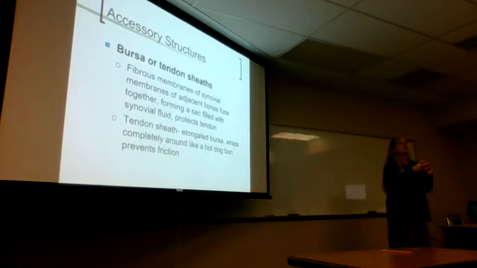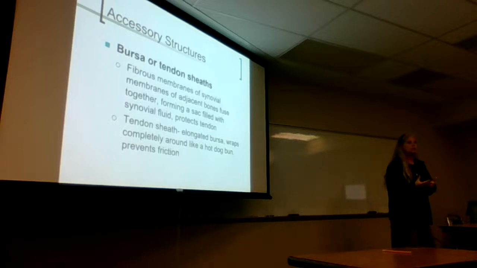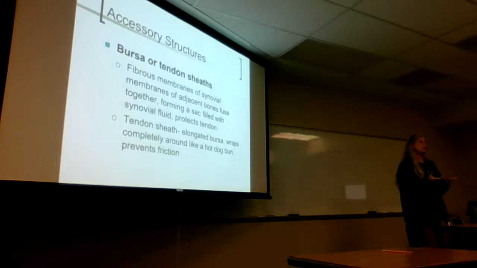And we'll see them in different spots within the joints to prevent friction or stress between ligaments or between a tendon and other structures around it or within the joint itself. A tendon sheath is just an elongated bursa that wraps around a tendon, like a hot dog bun around a wiener, right? When you eat a chili dog, you hold onto the bun because the chili is too messy, right?